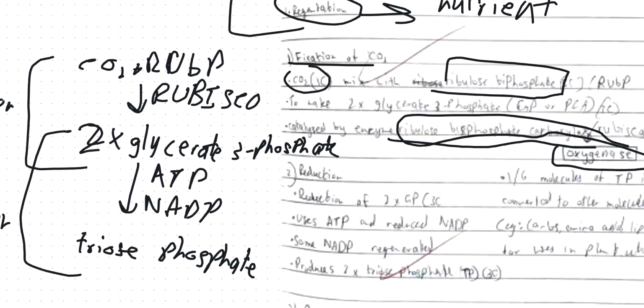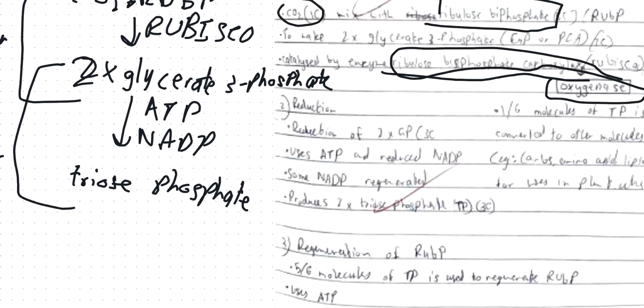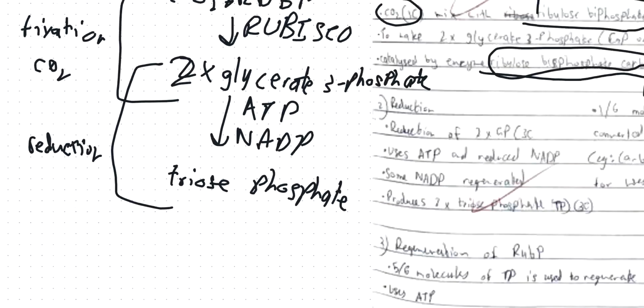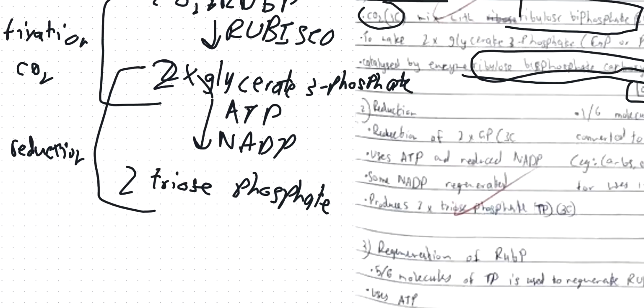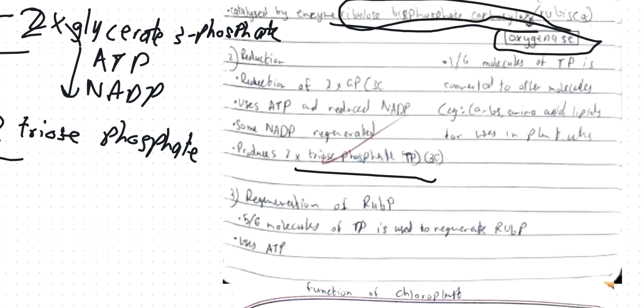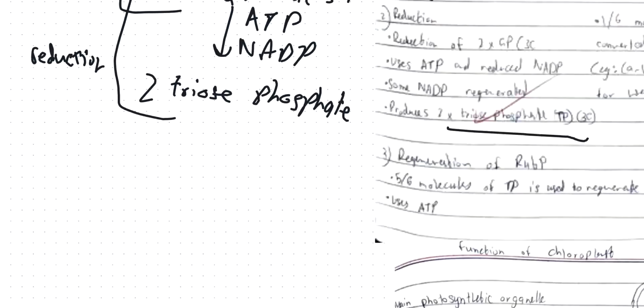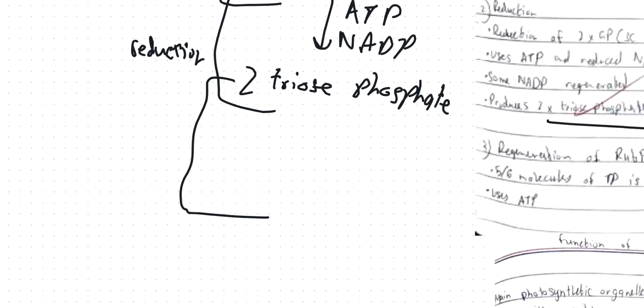So reduction is when glycerate 3-phosphate becomes triose phosphate. And remember, since there are two molecules of glycerate 3-phosphate, you'll make two molecules of triose phosphate. After making triose phosphate comes the last step. It's called regeneration.